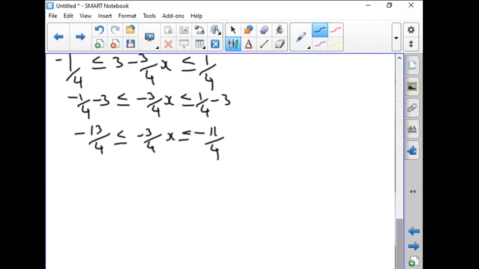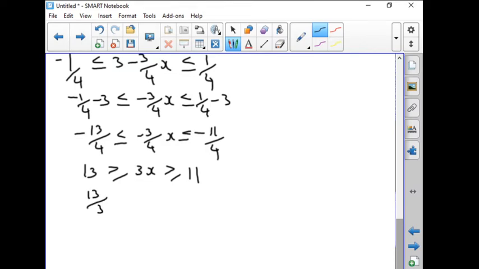Throughout we have a minus sign, so multiply throughout by minus 4. Multiplying throughout by minus 4, we get 13 is greater than or equal to 3x, which is greater than or equal to 11. Now here we have 3x, so to remove the 3, divide throughout by 3.